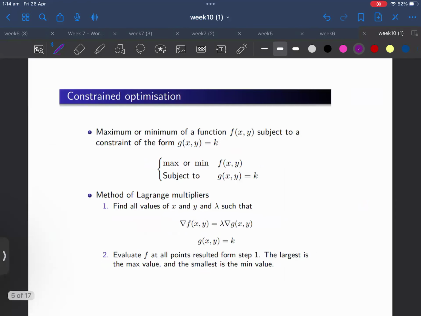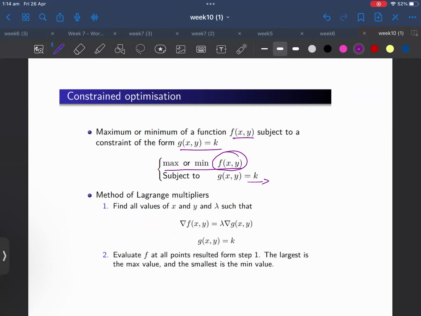Now, the maximum or minimum of a function f of x, y subject to a constraint of the form g of x, y equals k. This is max or min of f of x, y subject to g of x, y equals k. Then you need to use the method of Lagrange multipliers.